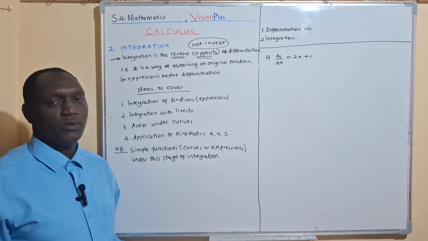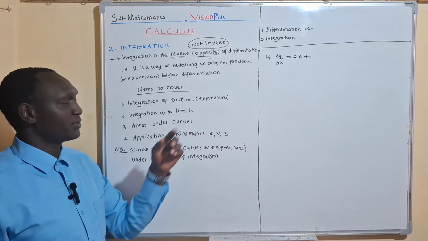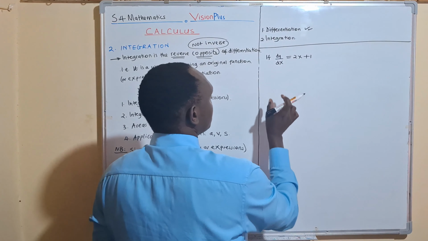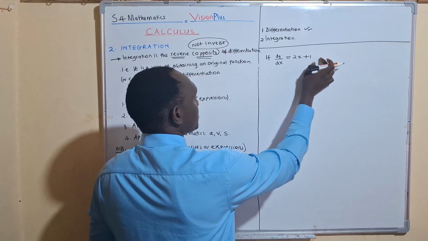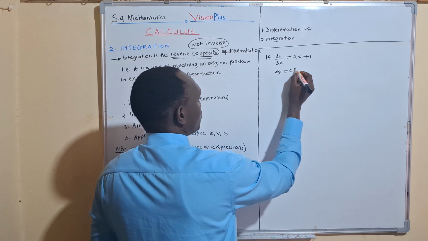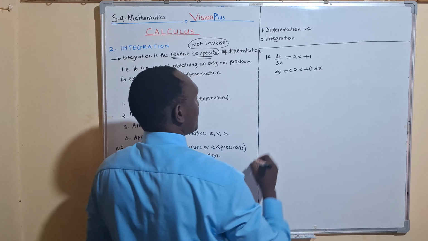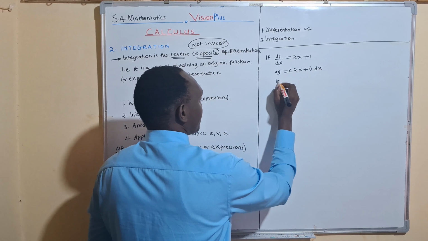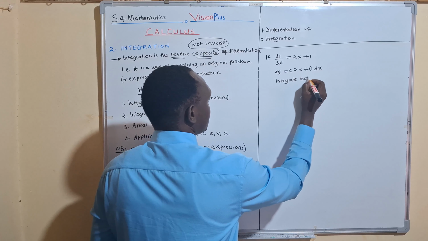But now we need back the function that was differentiated to give us 2x plus 1. What we do here simply is to multiply both sides of the equation by dx, so that dy equals 2x plus 1 dx. And then from here we say integrate both sides.